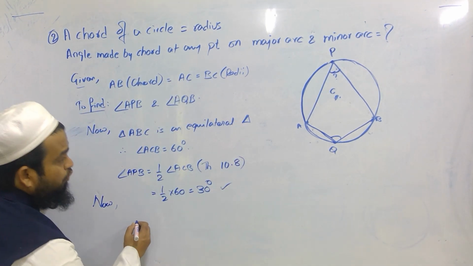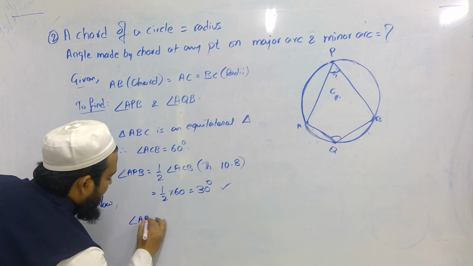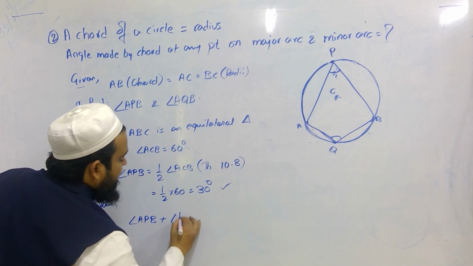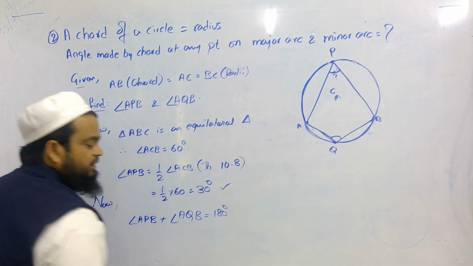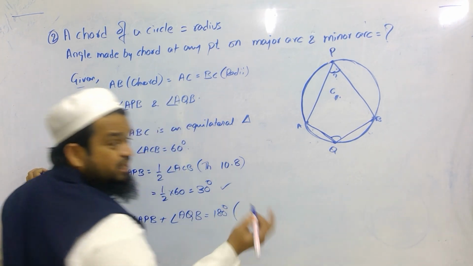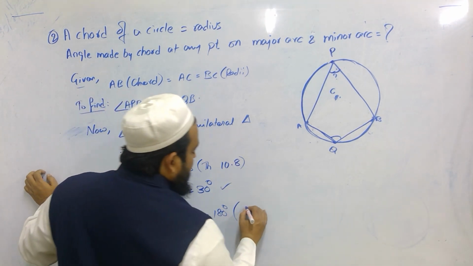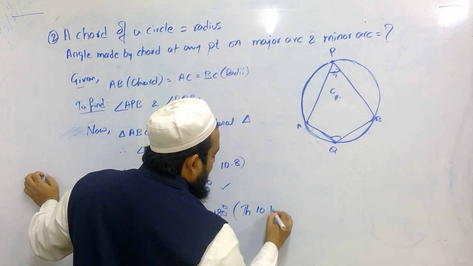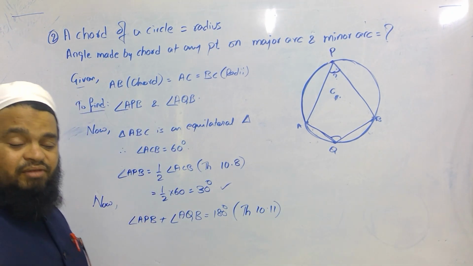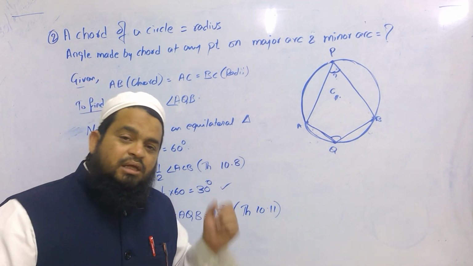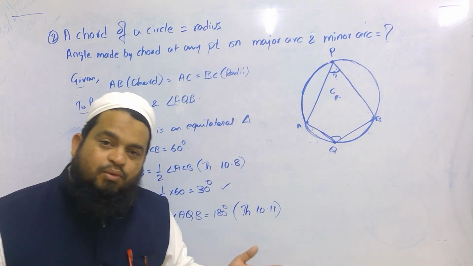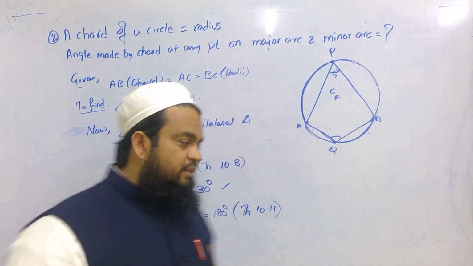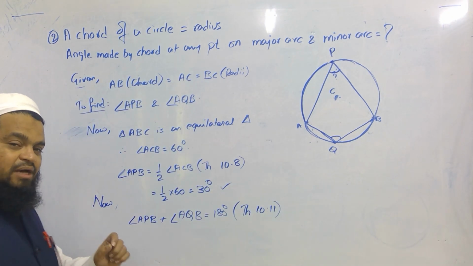Good. So therefore, angle APB plus angle AQB equals 180 degrees. What is the reason? You have to state the reason. Now I am writing the theorem, theorem 10.11. The sum of either pair of opposite angles is equal to 180 degrees in a concyclic quadrilateral.